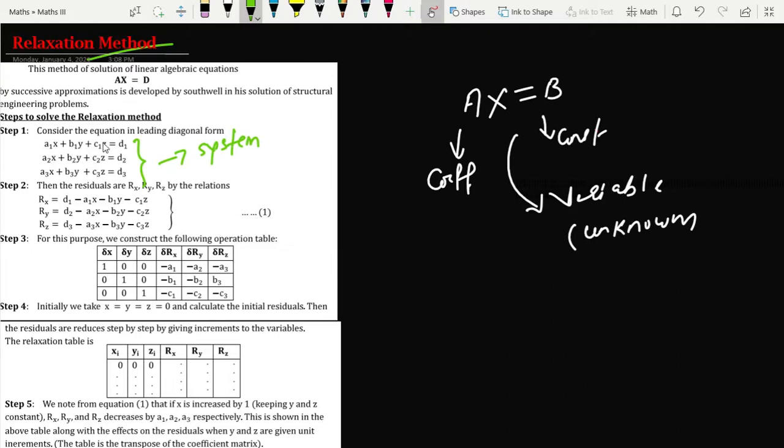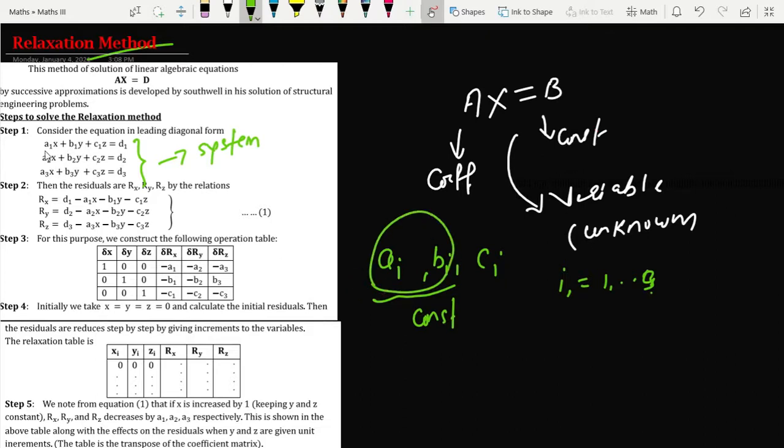Here a1, b1, c1, d1, a2, b2, c2, d2, a3, b3, c3, d3, that is all ai, bi and ci, where i varies from 1 to 3. All of these are constants, and ai, bi and ci are the coefficients of the equation. d1, d2, d3 are again constants, and x, y, z are the variables present in the equation, also known as unknowns, which are to be determined by using the relaxation method.